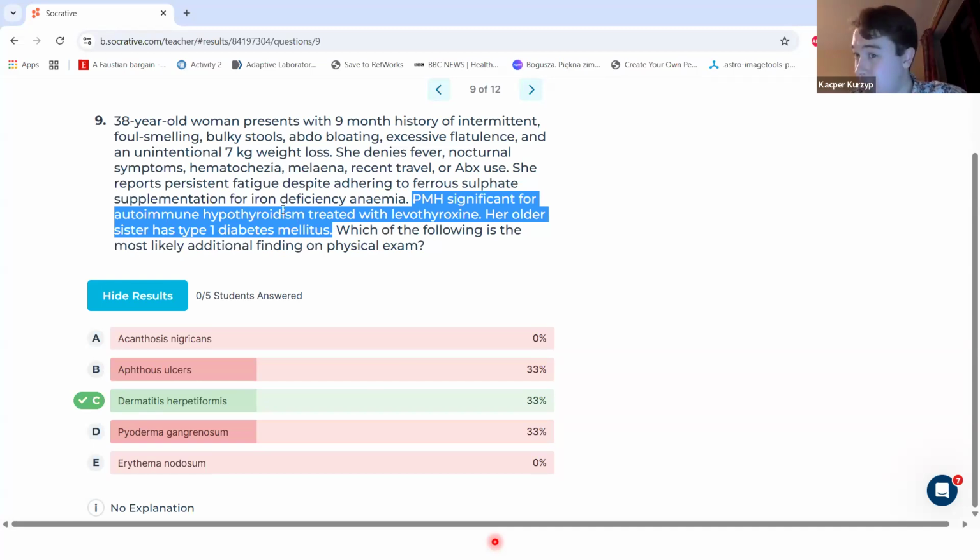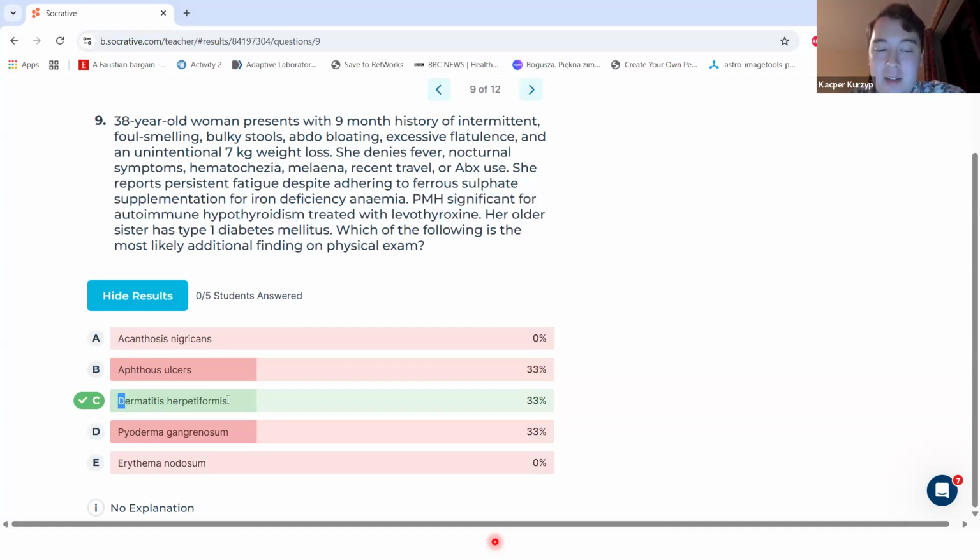How would you test it? You would get an OGD, actually, not a colonoscopy, and take a biopsy of the duodenum. And she would present with dermatitis herpetiformis, which is the characteristic rash found in celiac disease.